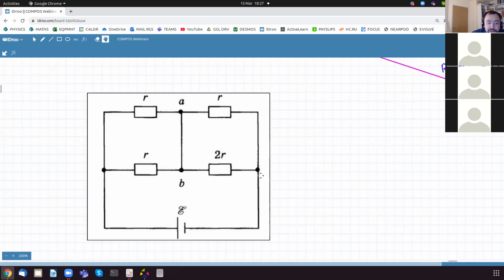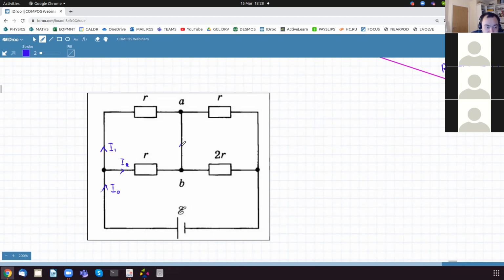So there are 4 junctions here. And let's start labeling current. Now, I'm going to label this current as I0, because why not? This current is going to be I1, I2, this is going to be I2.